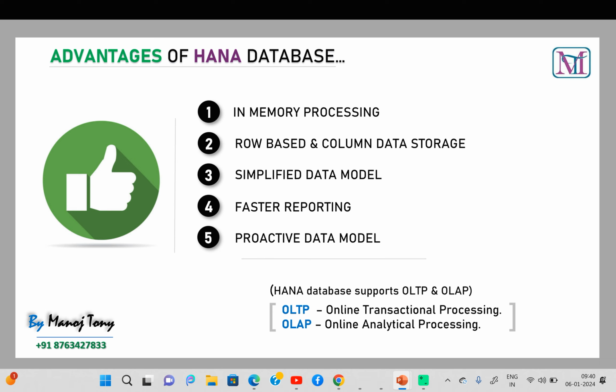In technical terms, it helps to get the data immediately, which means we can get the live data. So these are the technical advantages and disadvantages of ECC and the advantages of the HANA database.